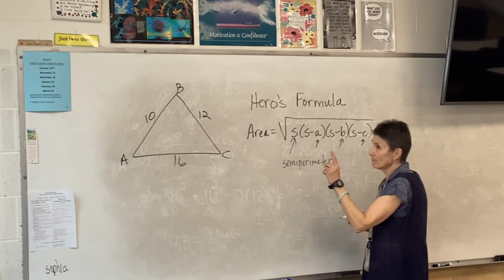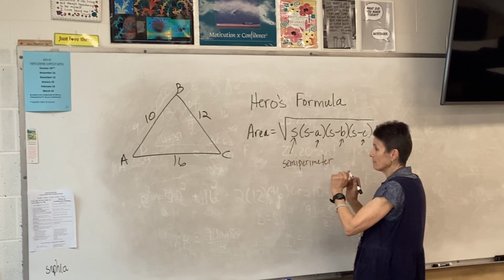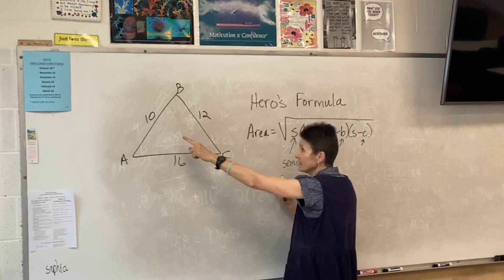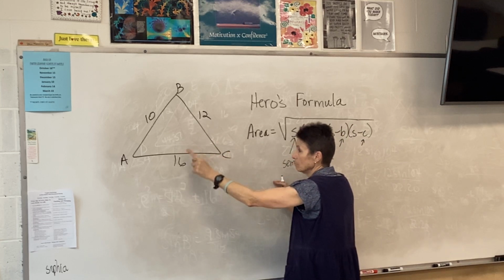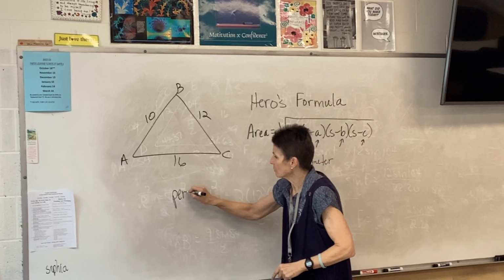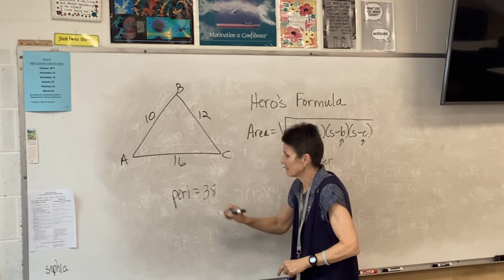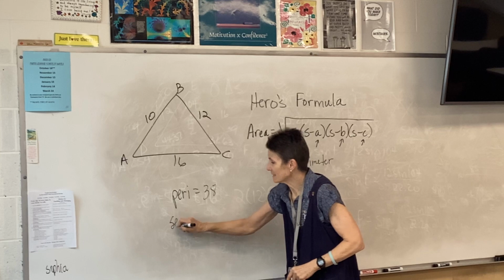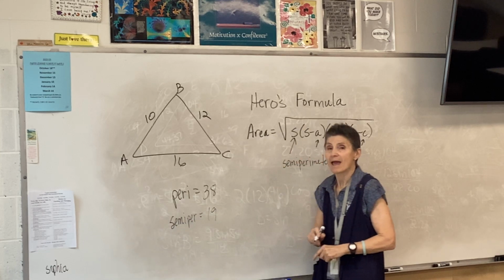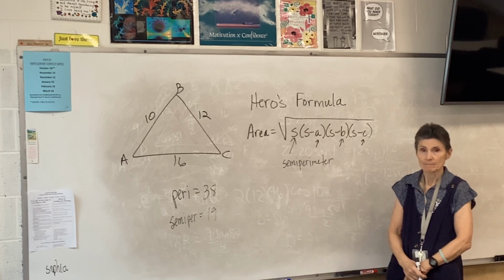So I'm going to find my perimeter by adding up all the sides. So 10 plus 12 plus 16 is 38. So the perimeter is 38, which means that the semi-perimeter is 19, half the perimeter.